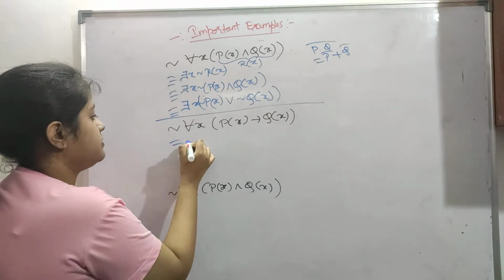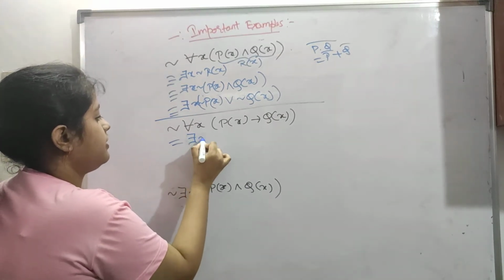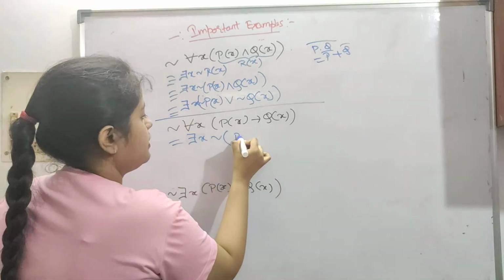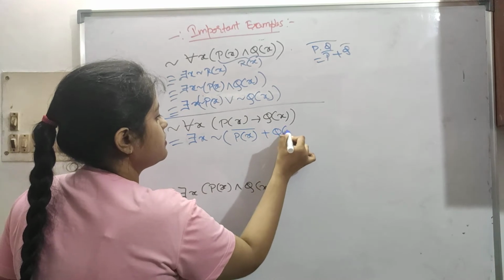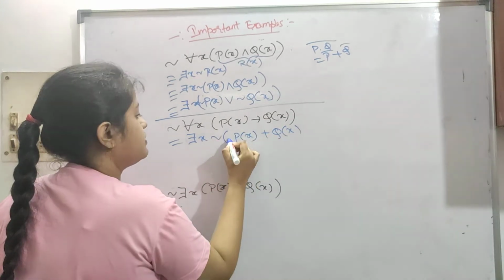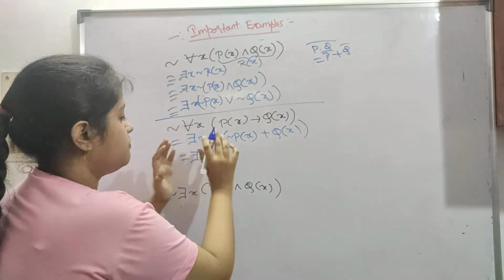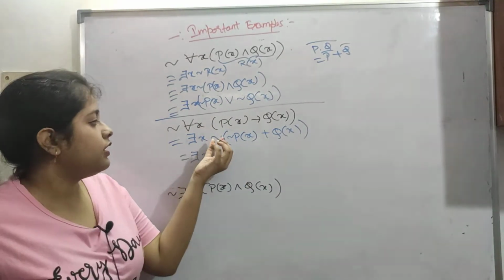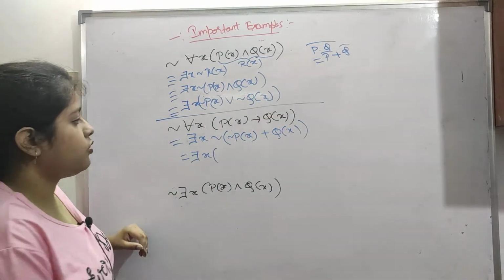Let's see this one. For all will be changed to there exists x. Now inside this, let's say P(x) or Q(x). There exists, and the negation will go inside, since the negation is applied over the whole. Then we apply De Morgan's law.